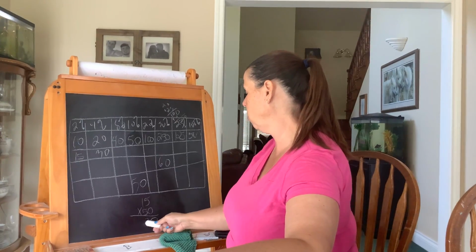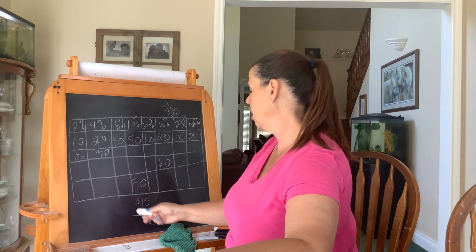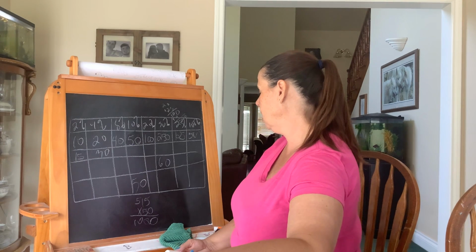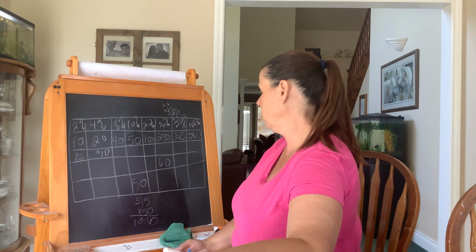5 times 5 is 25. Carry the 5. 5 times 1 is 5 and 1 is 10. So 15 times 50 is 1,020. Does that seem right?